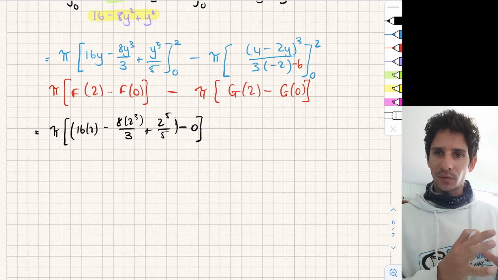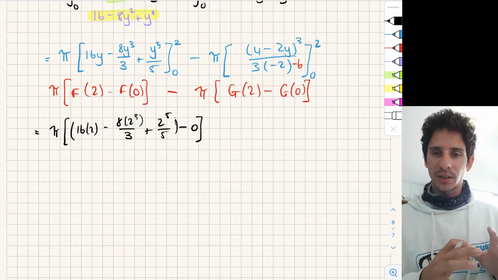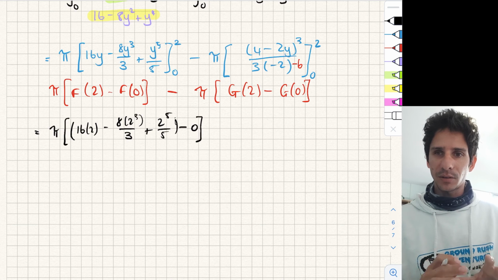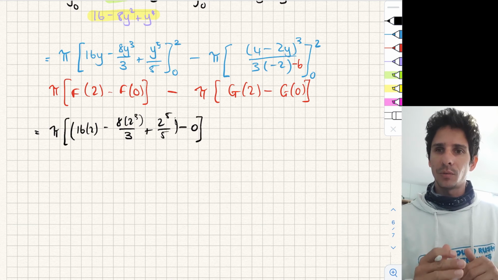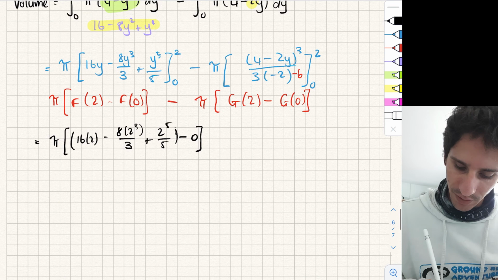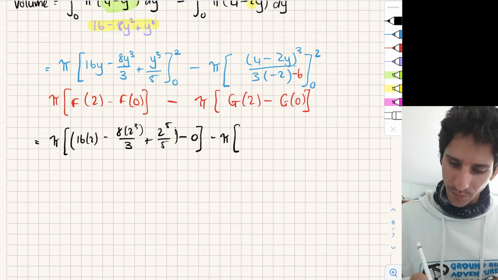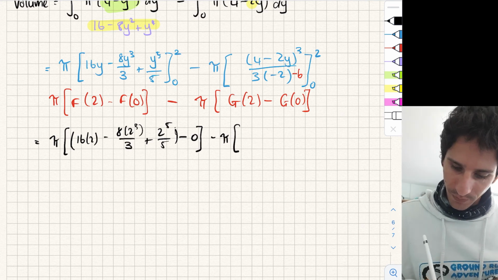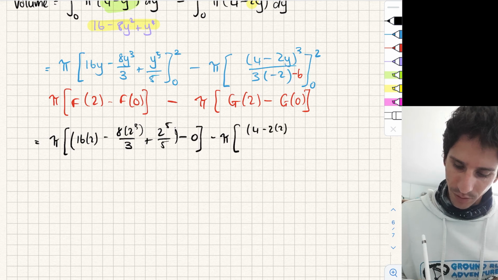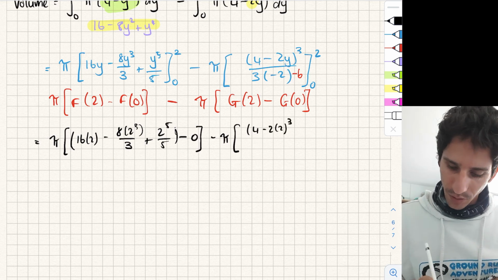That's my f function, that's my first integral. Now we're going to take away the second integral being the volume for the cone, which we want to remove from the inside. Take away pi, okay, and let's evaluate this. When I plug in 2, I'm going to get 4 minus 2 times 2 cubed, right, all over negative 6.